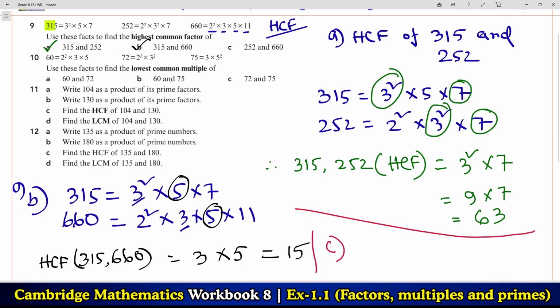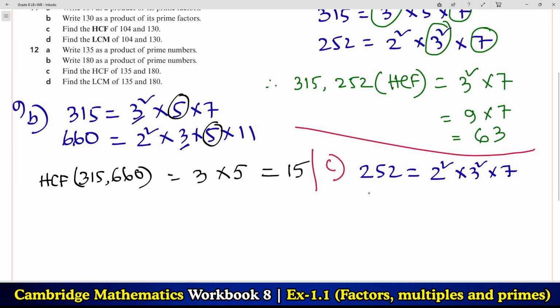Now part C of 9. The HCF of 252 and 660. We can write 252 as 2 square times 3 square times 7, and 660 as 2 square times 3 times 5 times 11, right? So what will be the HCF?